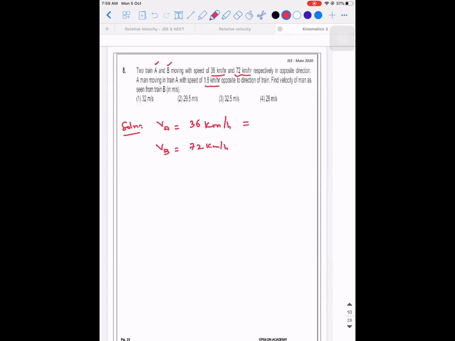So 36 km per hour is how many meter per second? 10 meter per second. 72 km per hour is 20 meter per second. Similarly, a man moving in train A with a speed of 1.8 km per hour opposite to the direction of train.